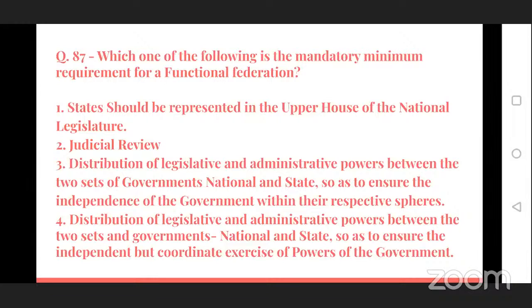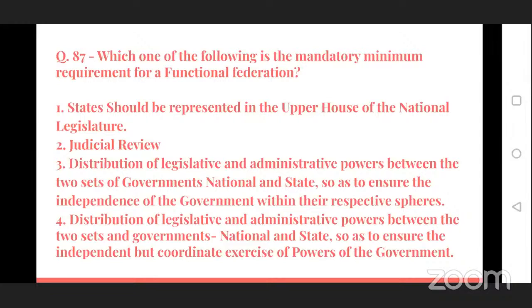Judicial review. 3. Distribution of legislative and administrative powers between the two sets of governments, national and state, so as to ensure the independence of the government within the respective phases. And 4. Distribution of legislative and administrative powers between the two sets of governments, national and state, so as to ensure independent but coordinated exercise of power of government.